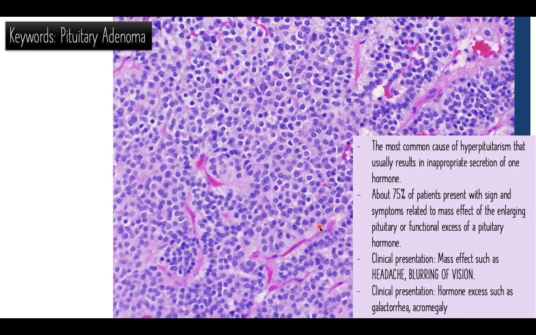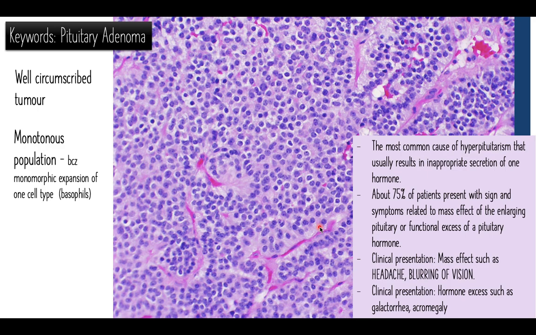The second method is by recognizing the morphological features. First of all, in adenoma, it is a well circumscribed tumor with a monotonous population. This monotonous population is because of the monomorphic expansion of one cell type only.